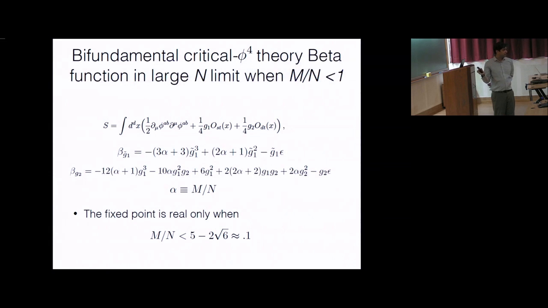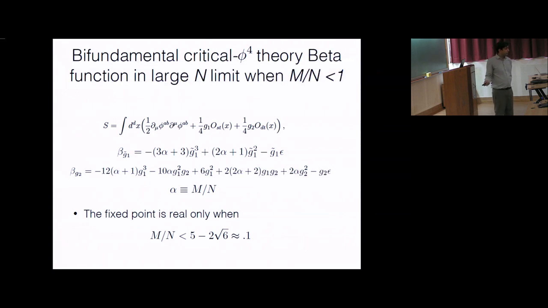I don't have to plug in epsilon equals 1. I'm just asking, in the epsilon expansion, G1, G2 could be proportional to square root of epsilon, or to solve this, you ultimately have to solve at second order in epsilon, or you'll have to solve a quadratic equation.